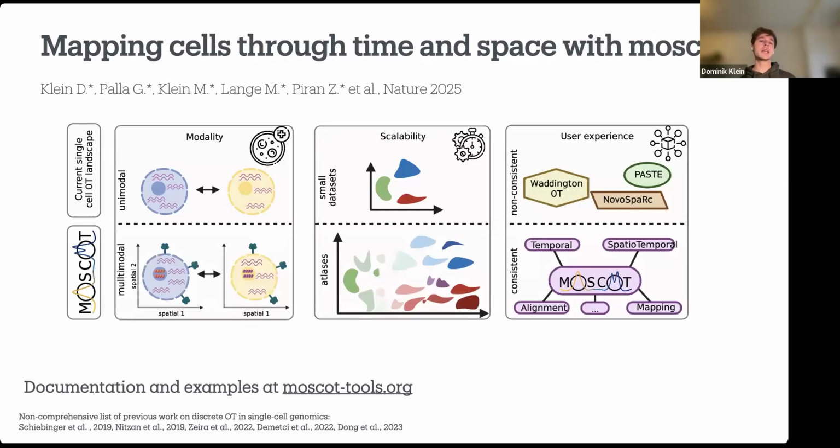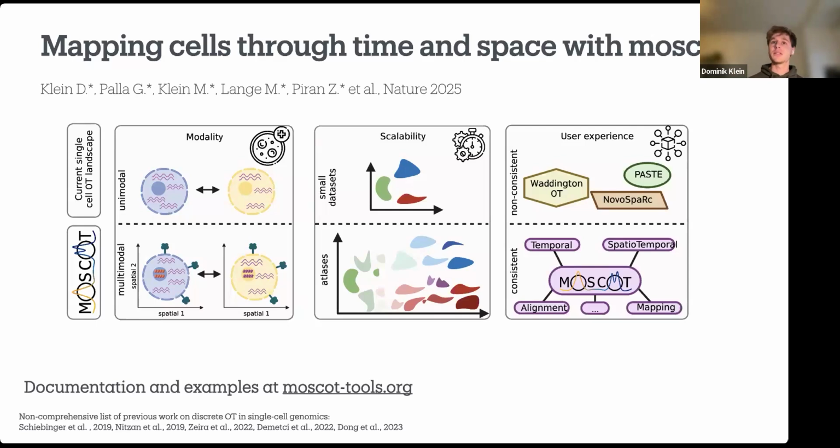Now, as I said, we try to resolve these limitations by looking at multimodal data, and we actually also showed that it improves these mappings just because we get a more comprehensive view of the cellular state. At the same time, we make these optimal transport algorithms scalable, reducing them to linear time and memory complexity.